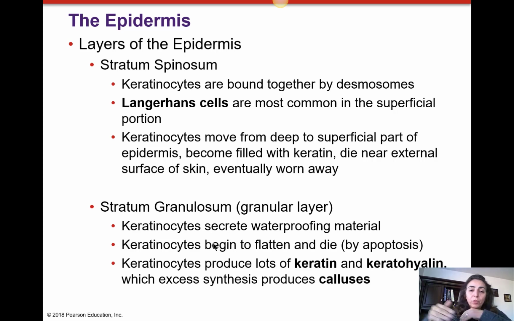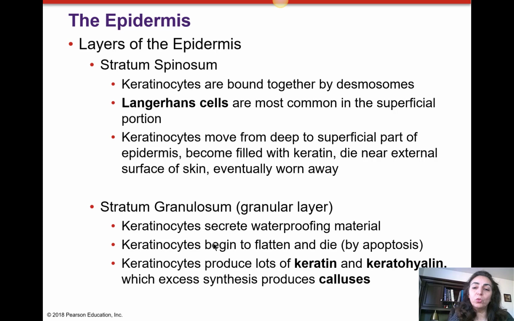We do not want, when you rub the skin, one part of it to go away, right? You need them to be tightly attached. We also have some Langerhans cells among the keratinocytes, most common in the superficial portion of the stratum spinosum, because they want to be closer to the surface, so that when a pathogen comes from the outside, they grab it at the beginning, at the border line, right?